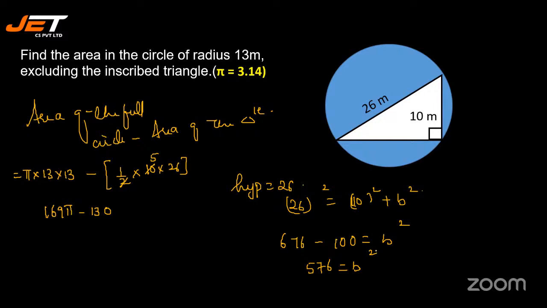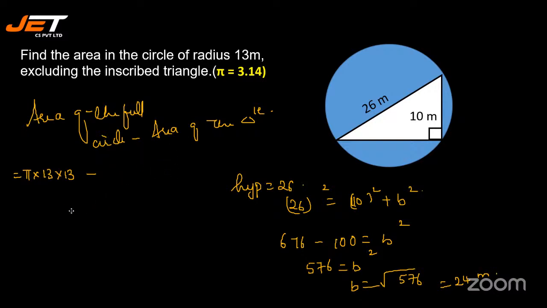So square root of 576 would be 24. So b will be square root of 576, which is 24 meter. Okay. So half into base into height.